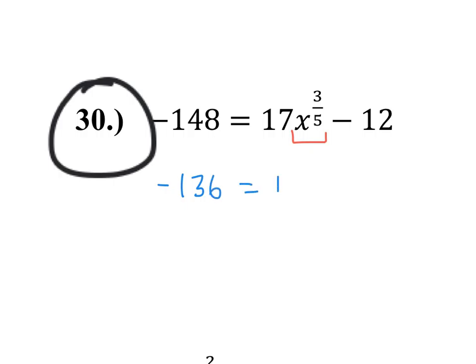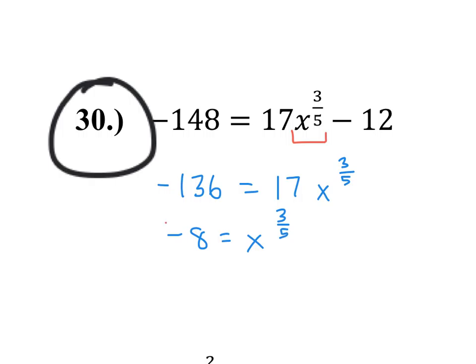And that's going to equal 17 times x to the 3/5. Now we need to get that x to the 3/5 by itself, so we do that by dividing both sides by 17. And once we've done that, we get negative 8 equals x to the 3/5.